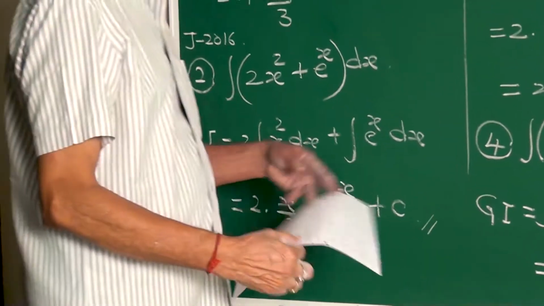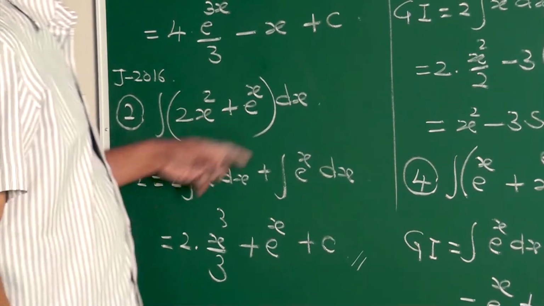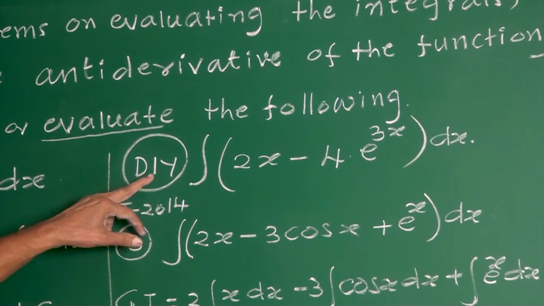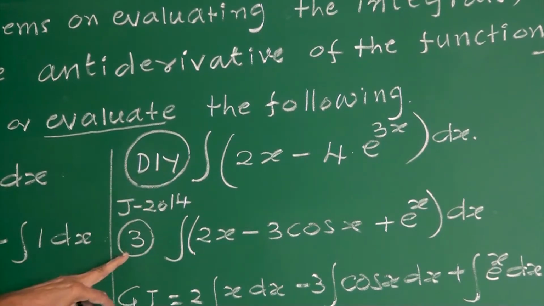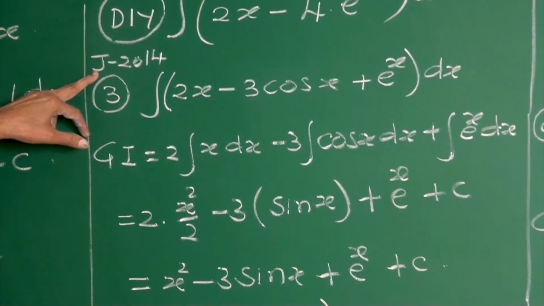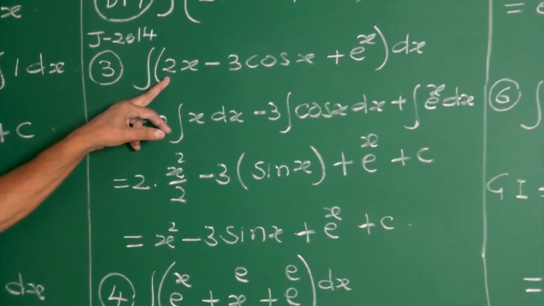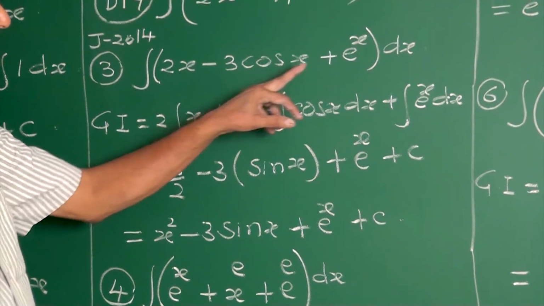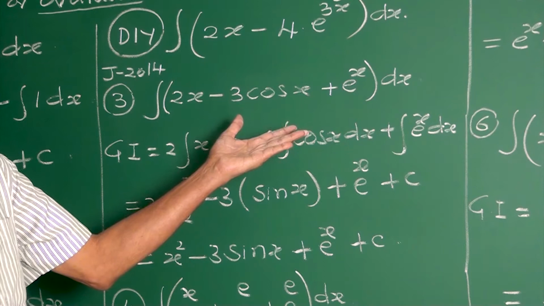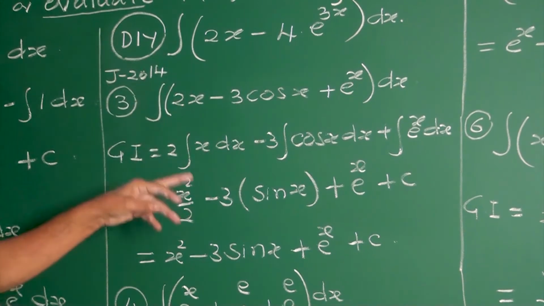Next, this same type of example, just a practice, do it yourself. DIY means do it yourself. Third example, it appeared in June 2014. Integral of 2x minus 3 cos x plus e to the power x. They consider some simple functions you have to integrate, 1 mark questions.